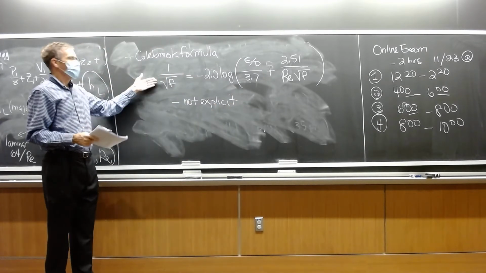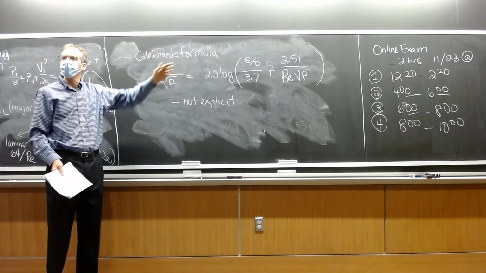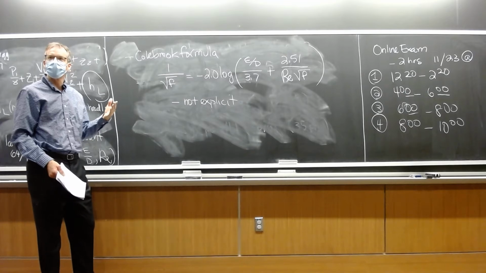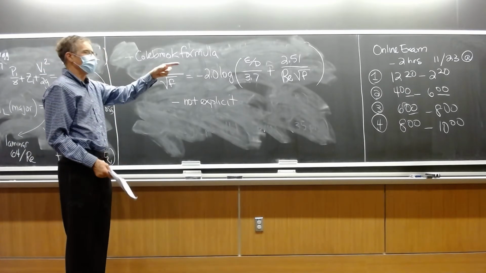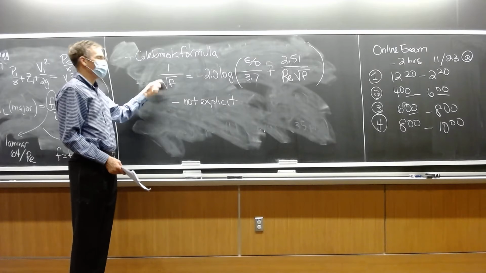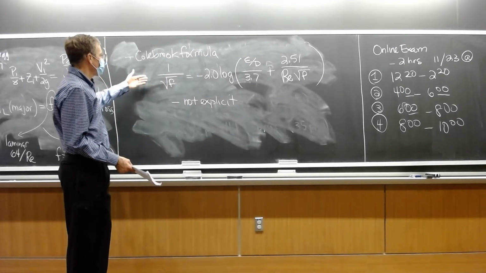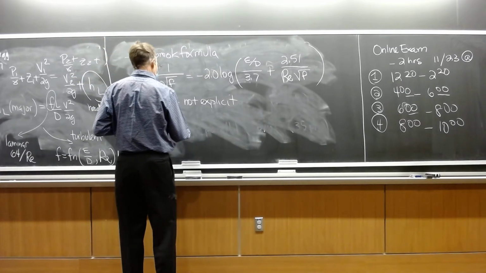That is, the f you're trying to calculate is on the right-hand side of the equation as well. So you would have to do this iteratively or have it programmed into your calculator: guess an f, then calculate a new f, and go around several times until you settle on a value.